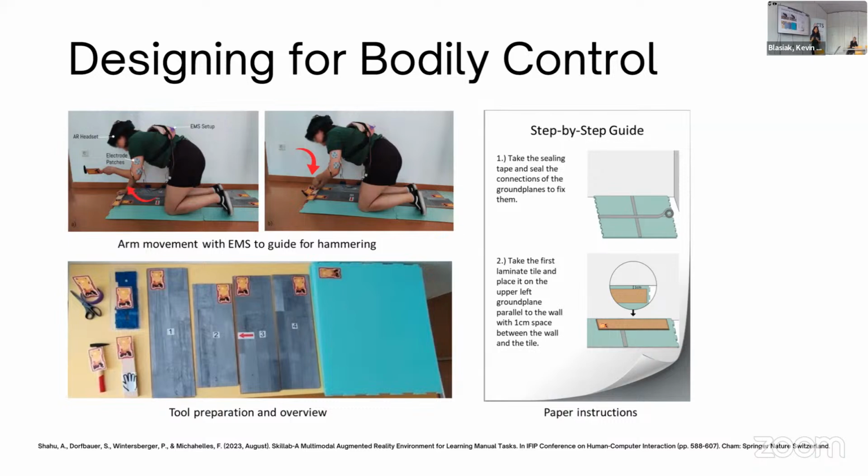We just added a microcontroller and some relays to control an existing system, which was easier to deal with, because if you create your own hardware or your own circuit, it's more challenging to get ethical approval. So we bypassed that by using an off-the-shelf device.